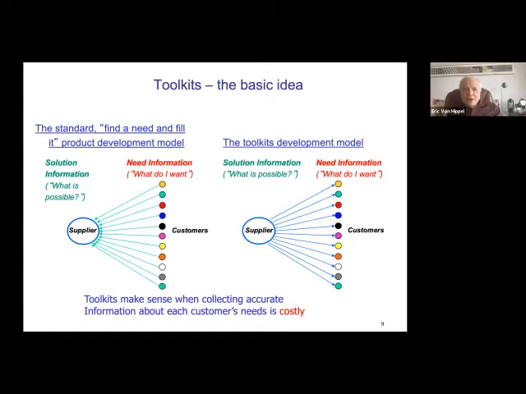The supplier said, I'm going to give you an easy way to figure out your flights using your own information, your own preference information and pricing information and all the rest of it. I'm going to find an easy way for you to do that yourself, and I'll give you the tools to do it.